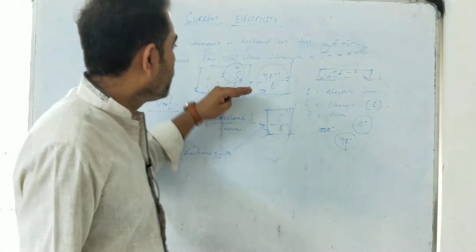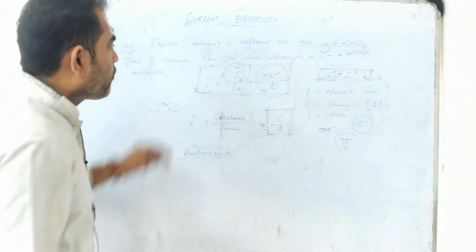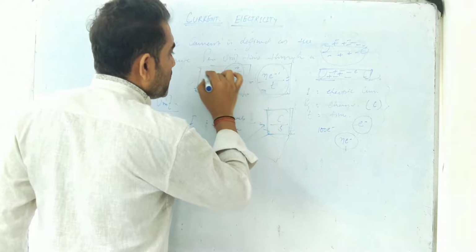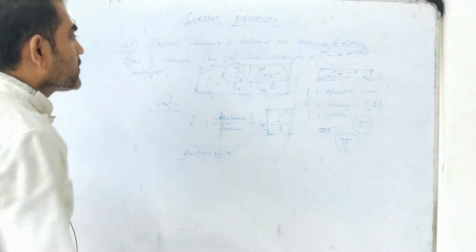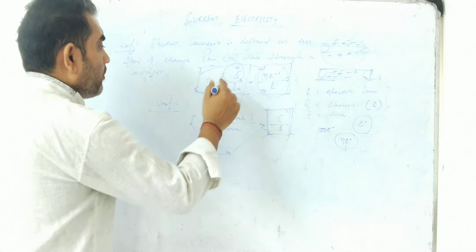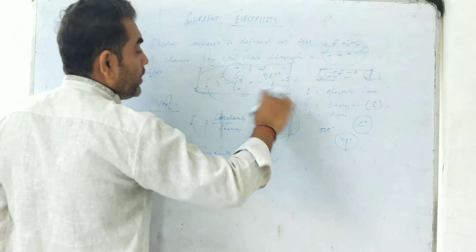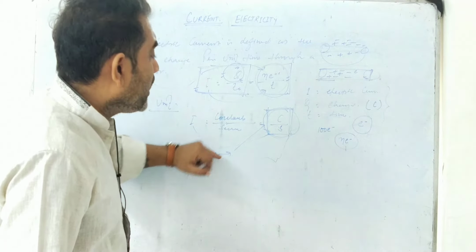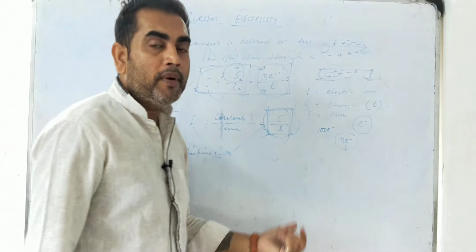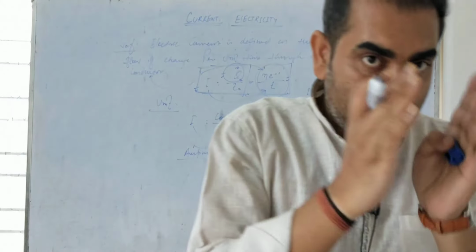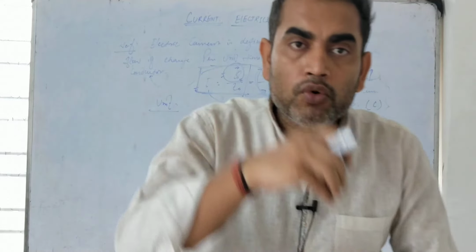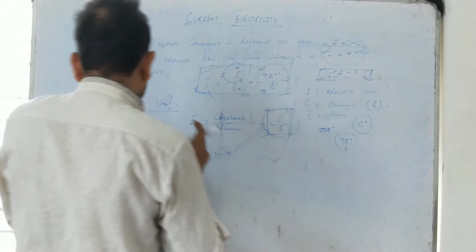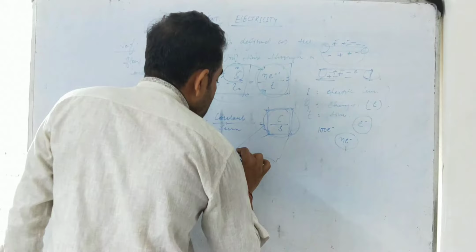From this one only we got the definition of the electric current, it can be represented in terms of the electrons, we got the unit of the electric current, the ampere, and from here only we can define ampere. So ampere equals to coulomb per second. If 1 coulomb of charge flows through a conductor per second, the amount of current flowing through it is said to be 1 ampere. So that is the definition of ampere.